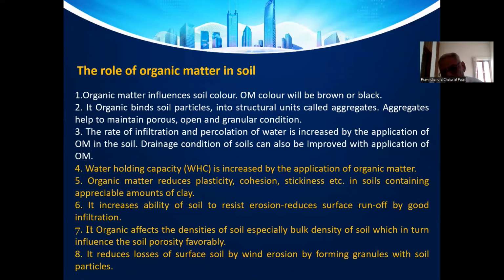And when root growth is increasing, then more biomass and root surface area, so more absorption of water and nutrients. So plant growth is better and we are producing higher grain, horticulture and food production. It reduces losses of surface soil by wind erosion by forming granules with soil particles.